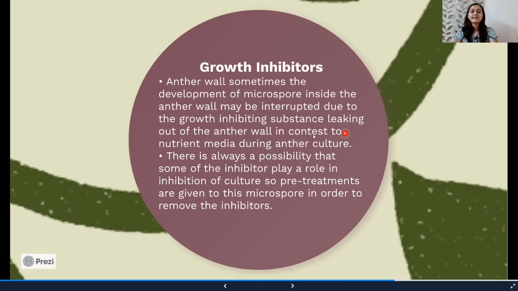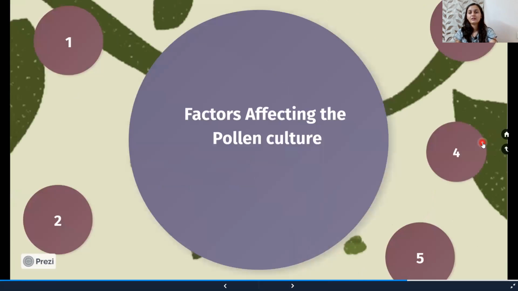Substances leak out of the anther wall contents into the nutrient media during anther culture, and this type of growth inhibitor can affect the formation of plantlets. So it is very important to give a pre-treatment to the anther culture to remove the inhibitors.